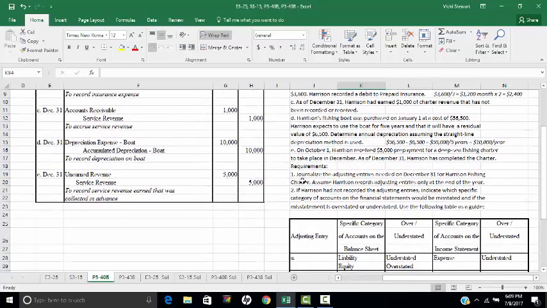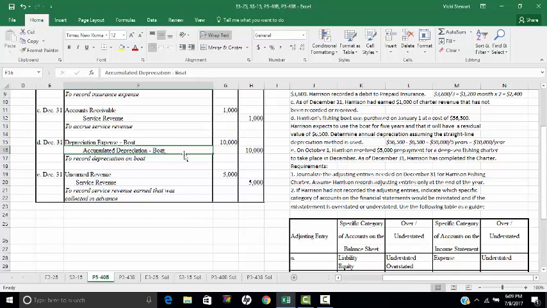Then on D, it said we had depreciation expense. So again, if we had not recorded the depreciation expense, expenses will be understated. But what about accumulated depreciation boat? Okay, so this is a contra asset. We were increasing a contra asset. So that's a little tricky. So think about it. This contra asset is a subtraction from boat.